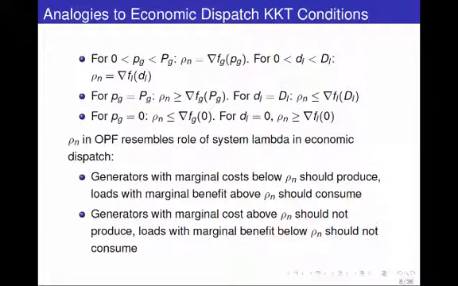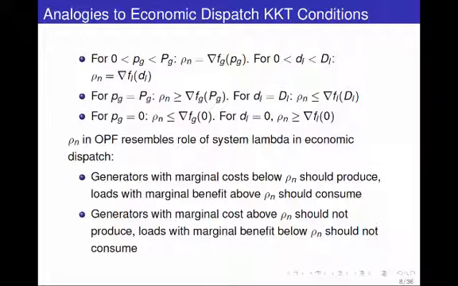If a generator is producing strictly within its operating region, its marginal fuel cost is equal to this rho. The same for loads. If they're consuming strictly within their region, their marginal benefit is equal to this rho.